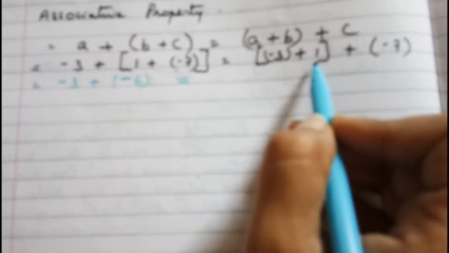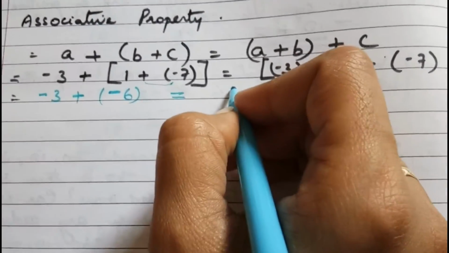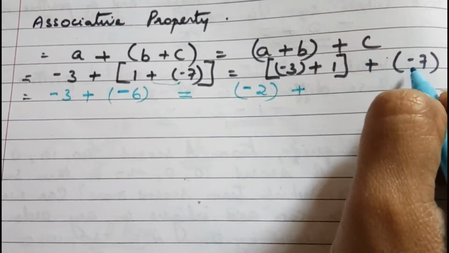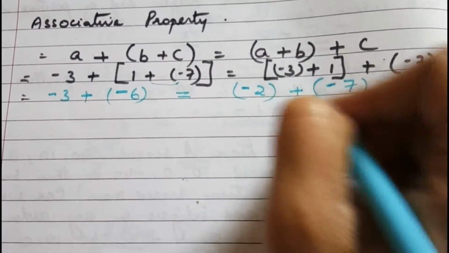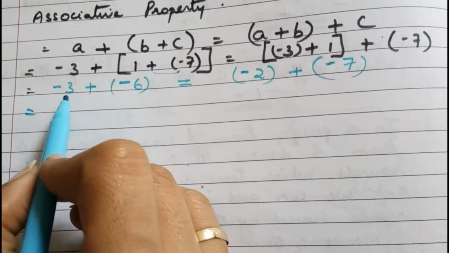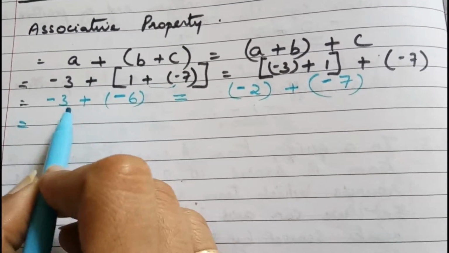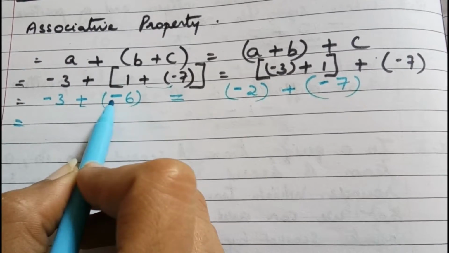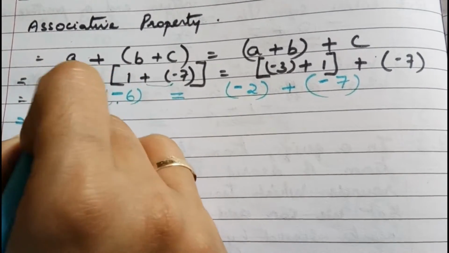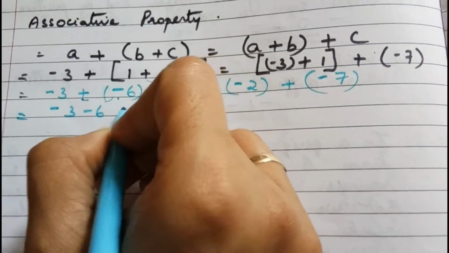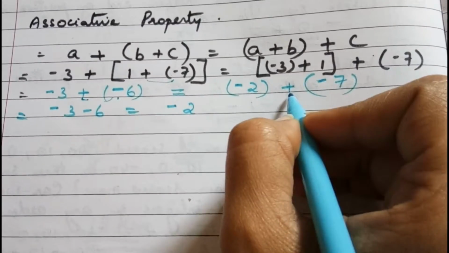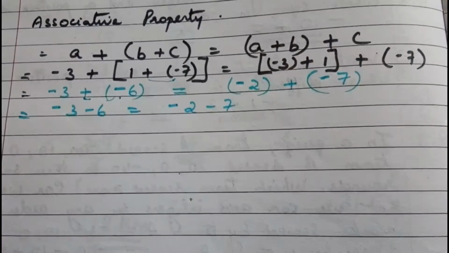Since 1 is minus and 1 is plus, the answer would be minus 2 plus this minus 7. Clear? Now what will be the answer here? Minus 3 plus minus 6. Again minus and plus becomes minus. So here minus 3 minus 6 is equal to minus 9. And minus 2 plus minus 7, again plus and minus becomes minus.